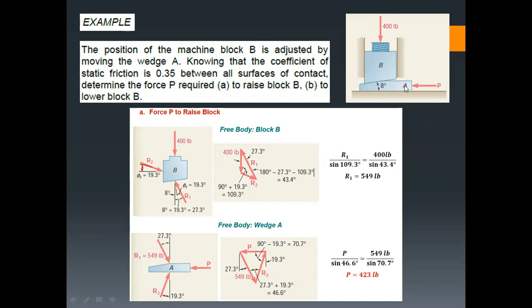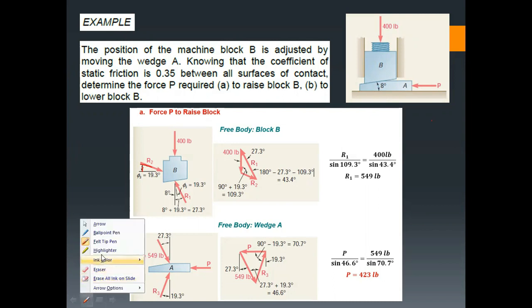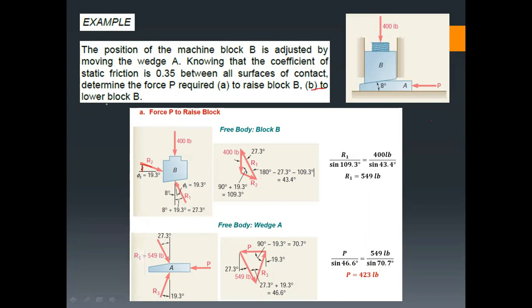So, first we solve the push on the applied force on the wedge, where the lift occurs, or block B rises. And then the second is to find the force to lower block B.